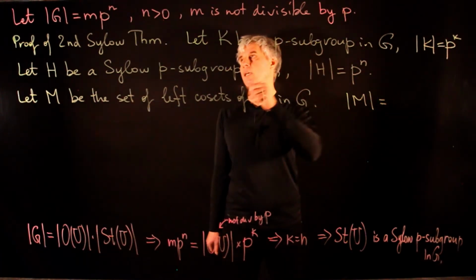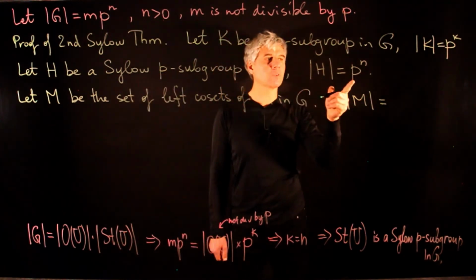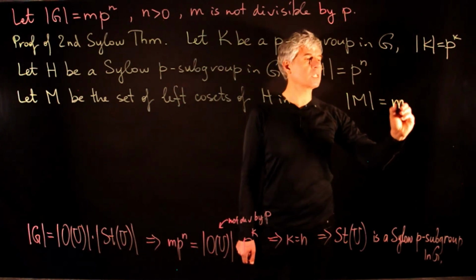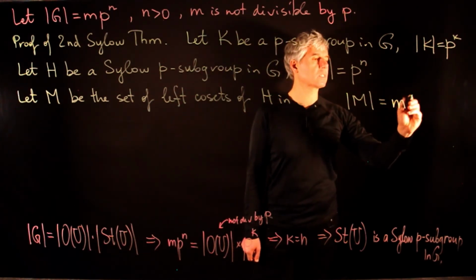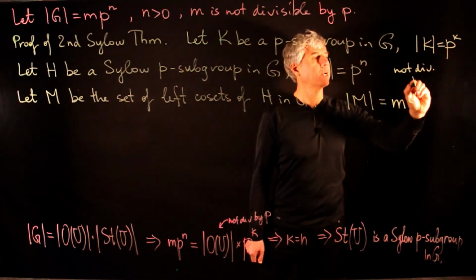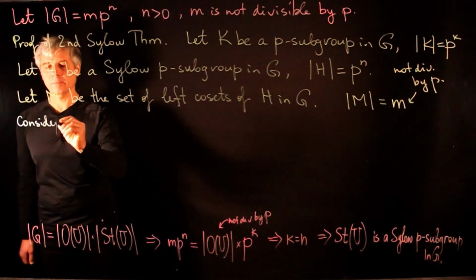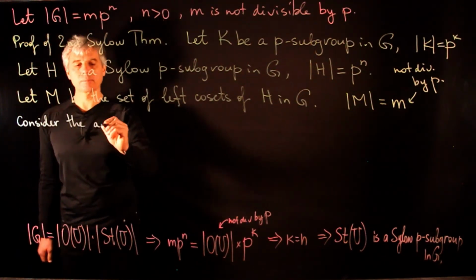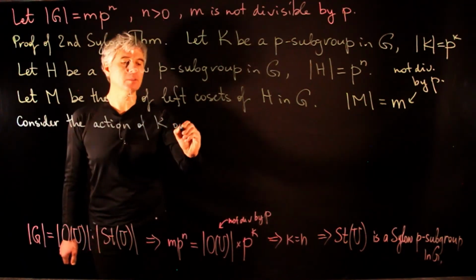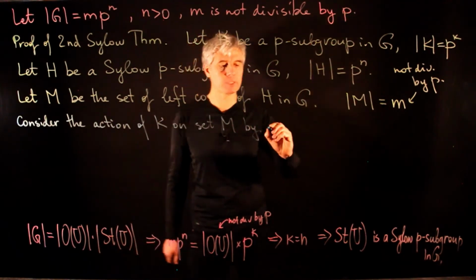By Lagrange's theorem, if the order of G is m p to the power n, and the order of a subgroup is p to the power n, then the number of cosets is equal to m. And this is not divisible by p. Now we consider the action not of G, but of K on the set M by left shifts.